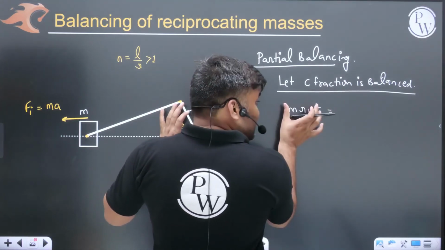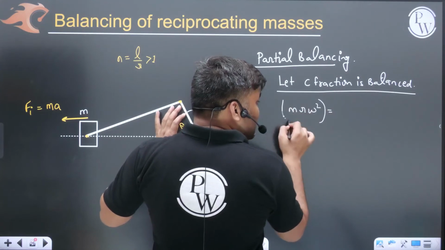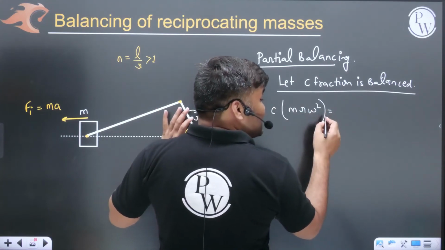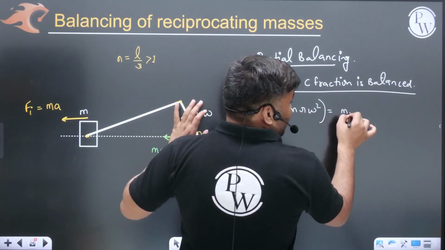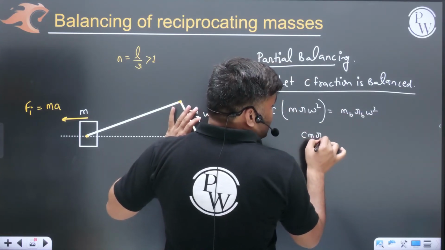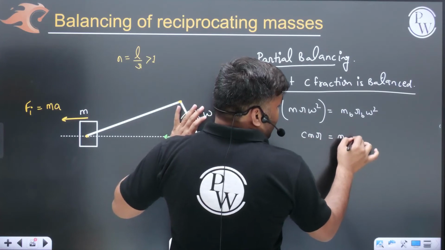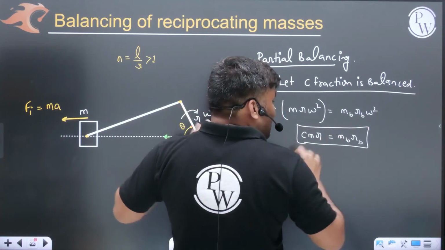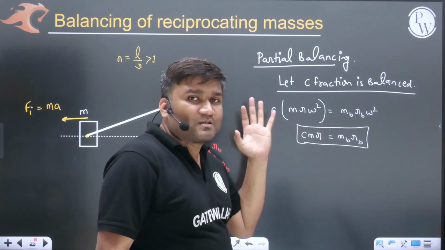Sir, this is the unbalanced force. Its c fraction, 30%, is balanced. 30% is mb rb omega square. Getting a point? So can I write c m r is equal to mb rb? This is what I mean when I say partial balancing is being done.